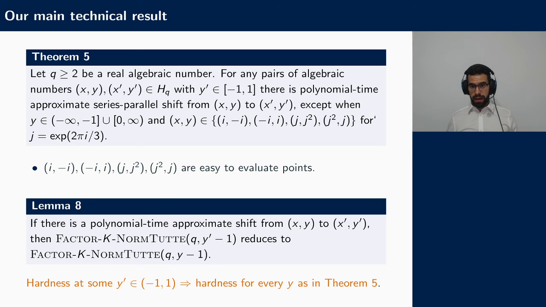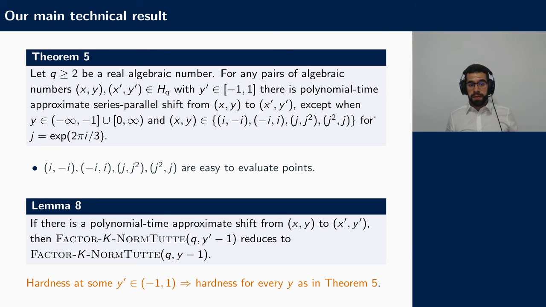Except in a few cases, and these cases really are those where we didn't get number P hardness in our main results. So what I'm trying to say is that this result is what essentially determines if a point is hard or not for non-real edge interactions.